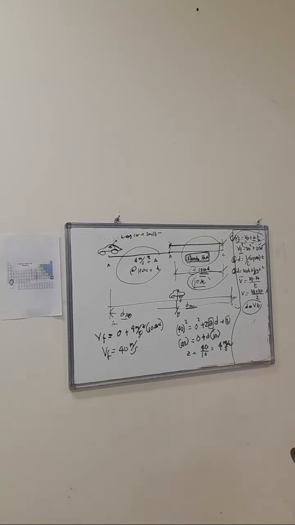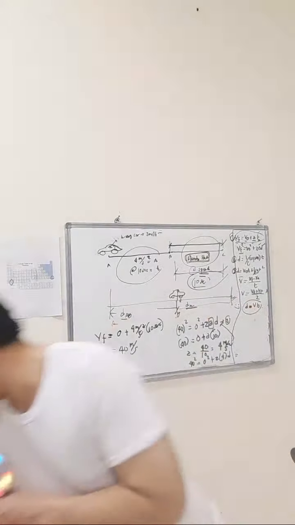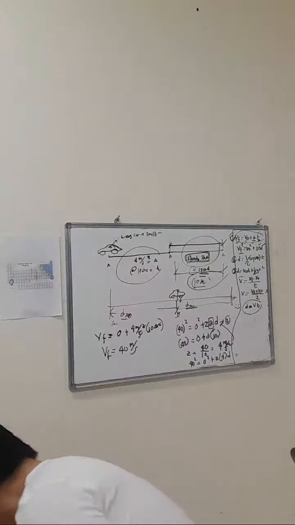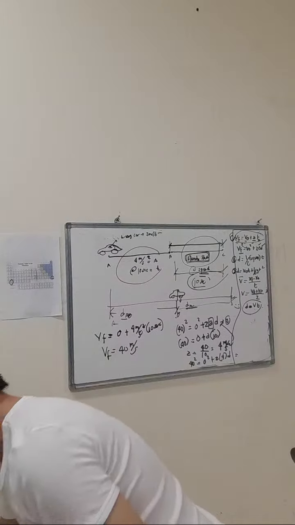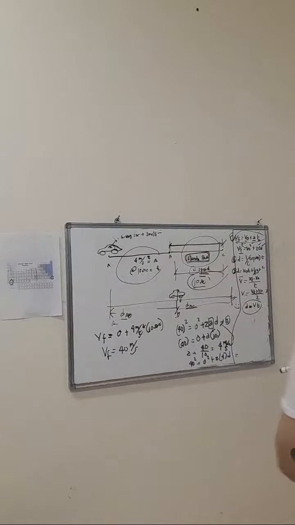Then substitute, go back to equation 2 again, so that you can solve for the distance from point B to point C. So we have 40 squared equals 0 squared plus 2 times the acceleration, which is the 4, times the unknown distance.